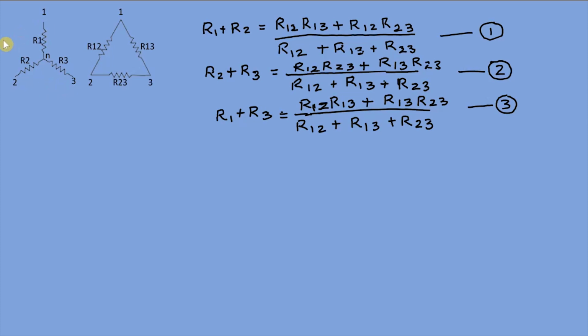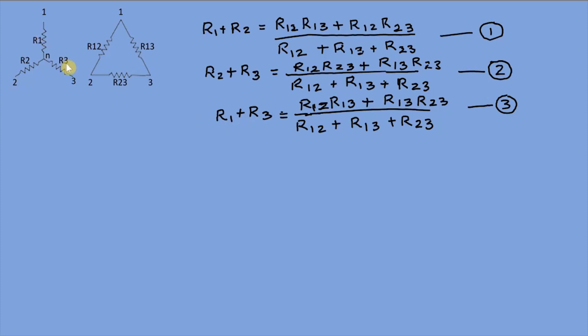For node 1 and 2, in star connection, R1 and R2 are added, which is equivalent to R12 R13 plus R12 R23 divided by the sum of total resistances in delta. Similarly, between node 2 and 3, R2 plus R3 is equal to R12 R23 plus R13 R23 divided by the sum of these three resistances, R12 plus R13 plus R23.